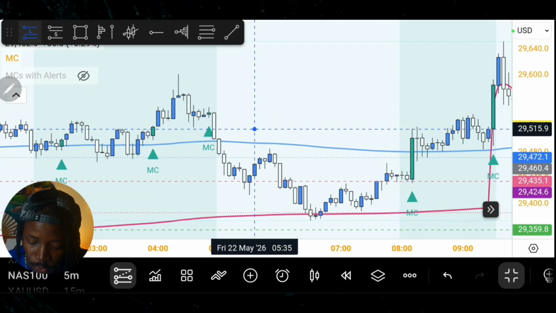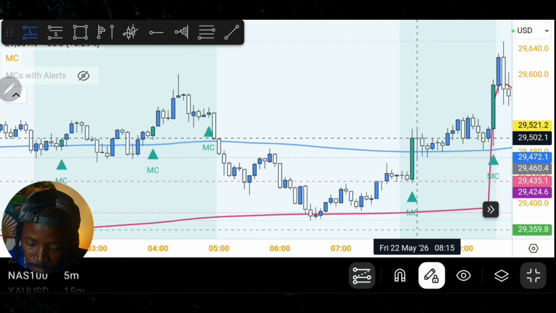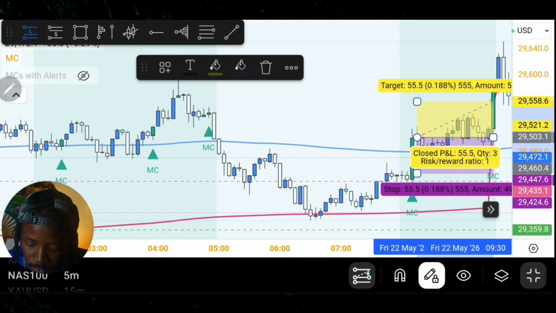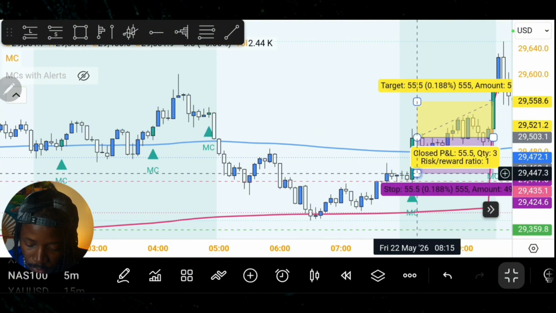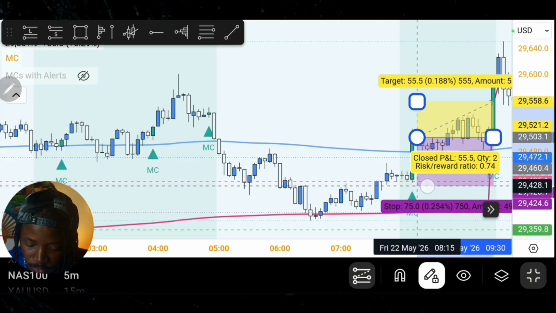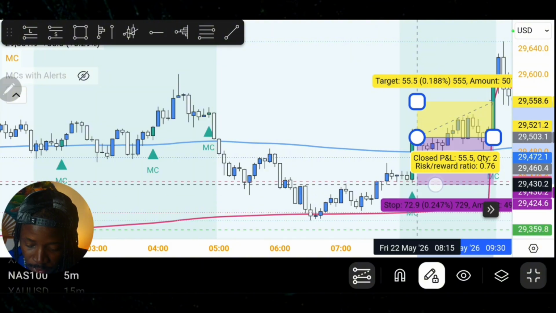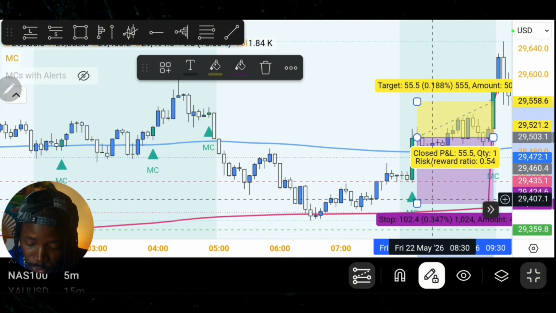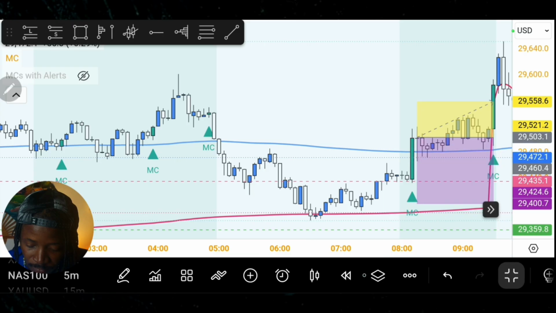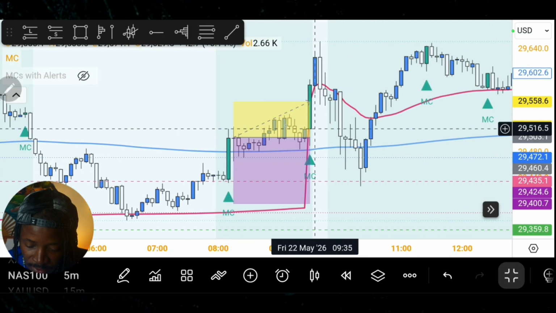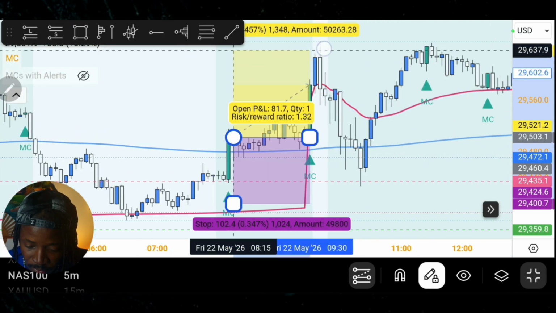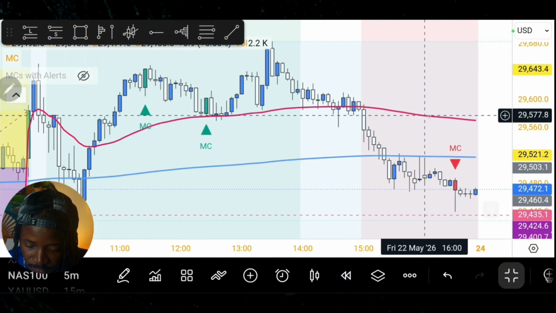If you're taking a long here, putting your stop loss on the low of that candle. I like to put it beneath this triangle here, but you can put it here, but let me just put it beneath this triangle is what I usually do. And I just target a 1 to 1.7 like that.